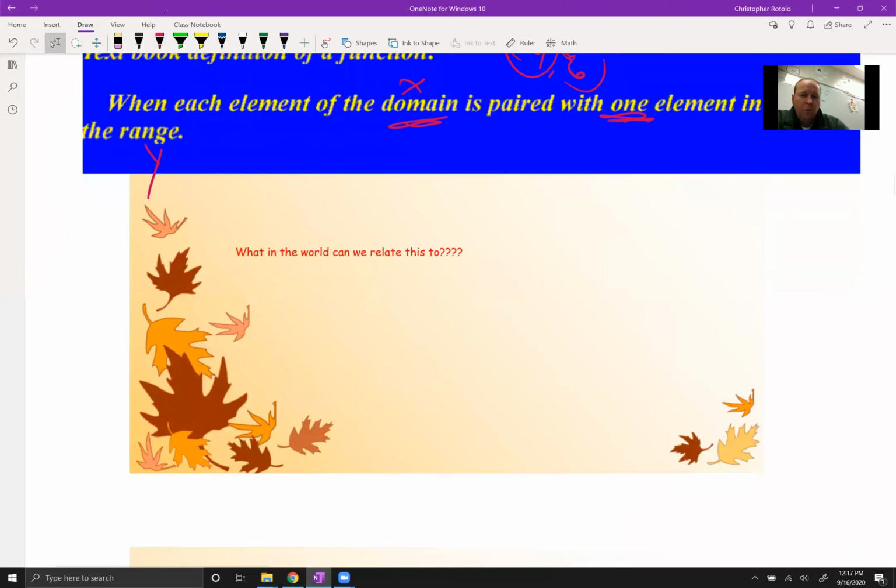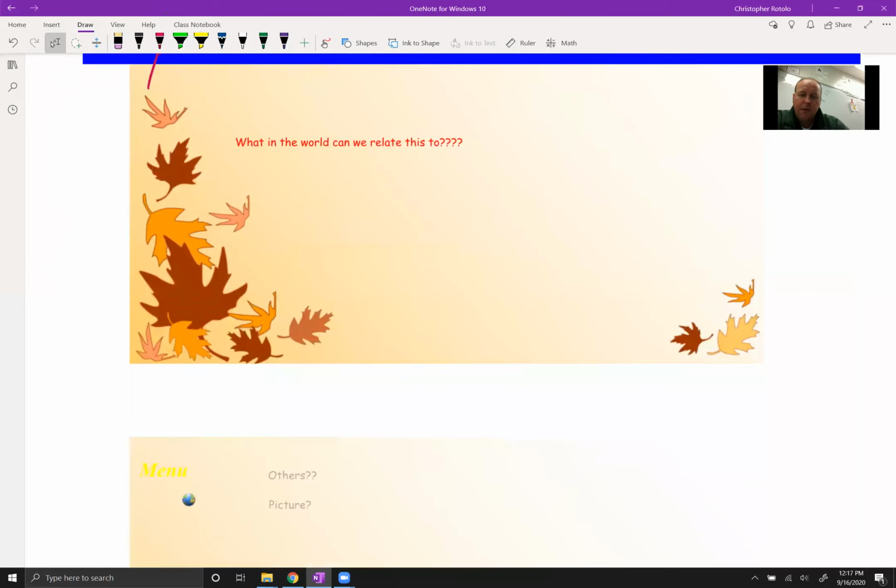Where in the world does this relate to? We have a couple ideas, right? You go out to eat, you get a menu. So here's your menu. You got some food, it's $4, something else, maybe that meal is $5, this one's $4.25. So all these meals that we have, these are x values, they're domains.